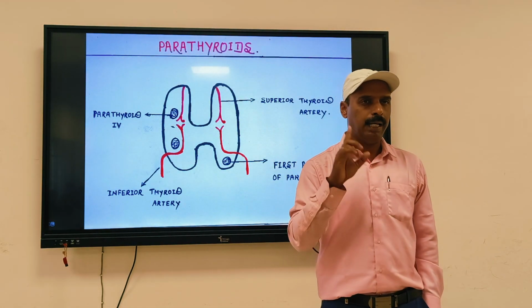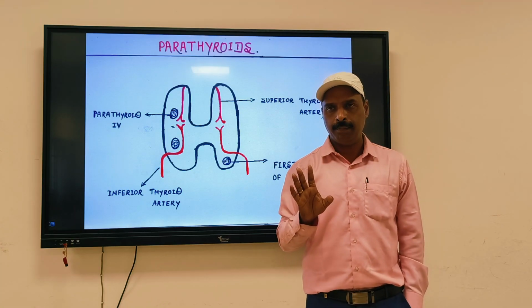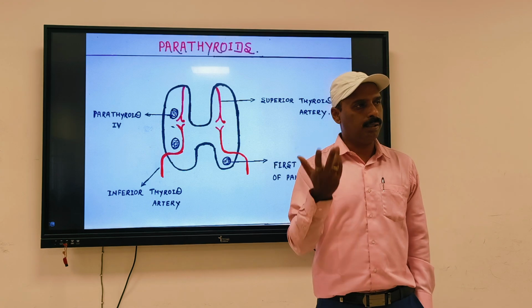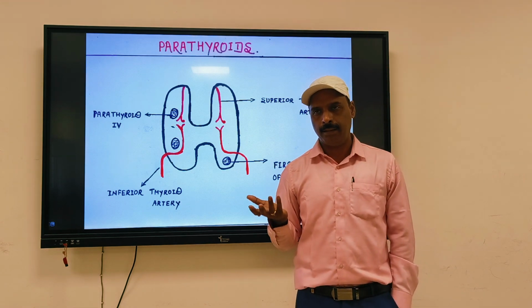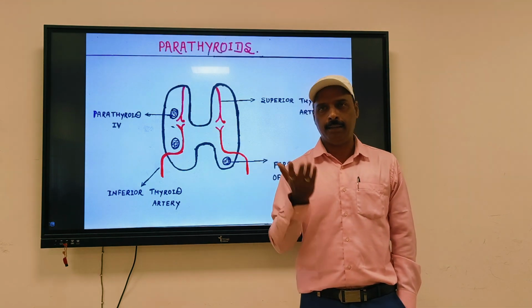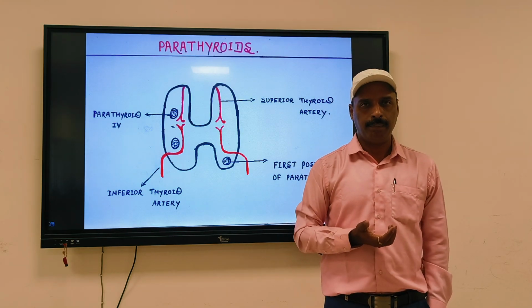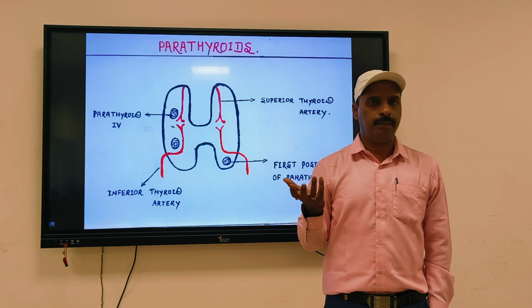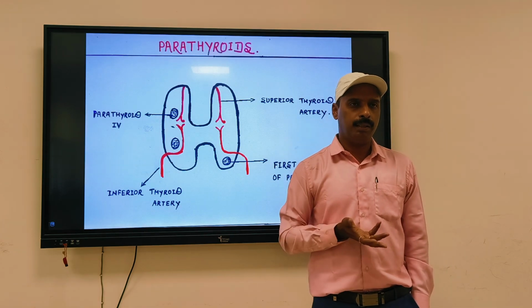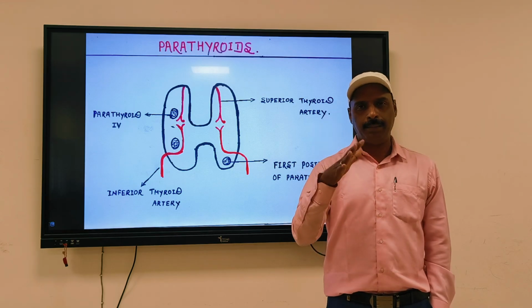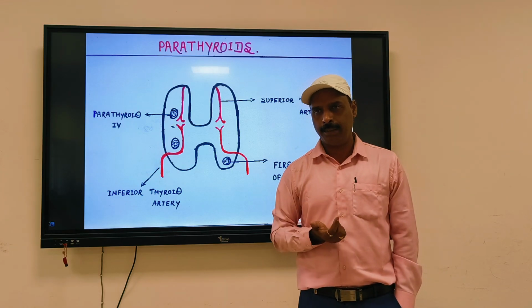I have already told, as you are females, when you practice, so many diseases, disorders, and complaints will come, and a lady will come and ask for the investigation or complaints. You can better treat by nutritional advice or by medication. If hypocalcemia is there, you can give the calcium supplement.